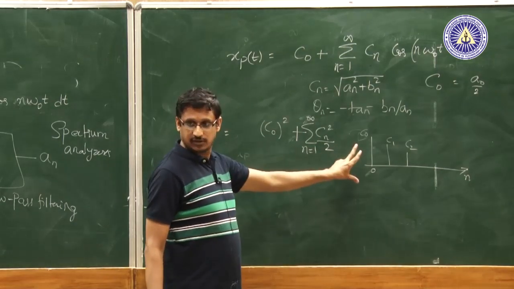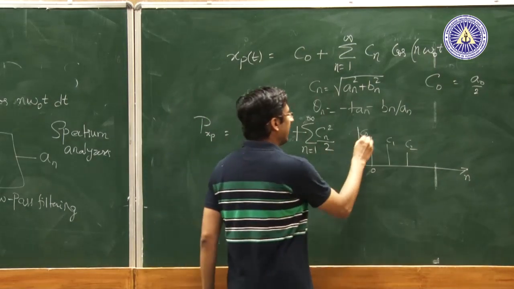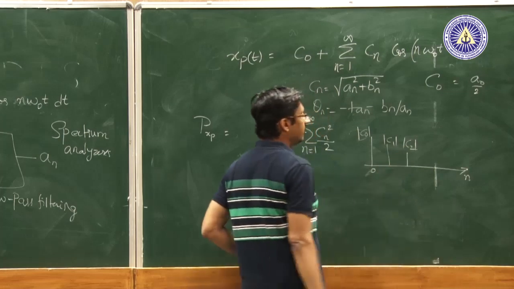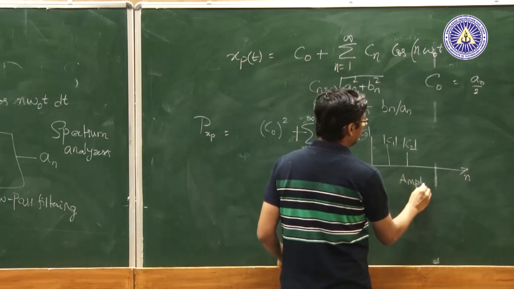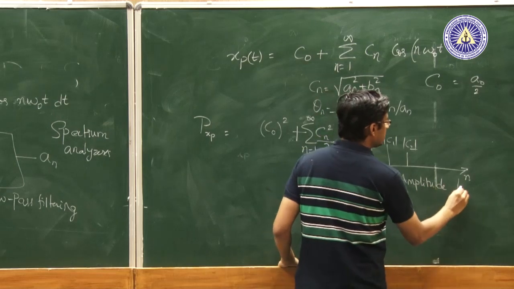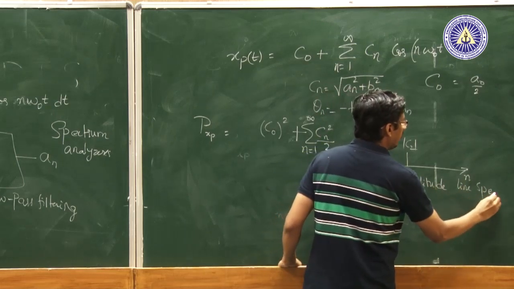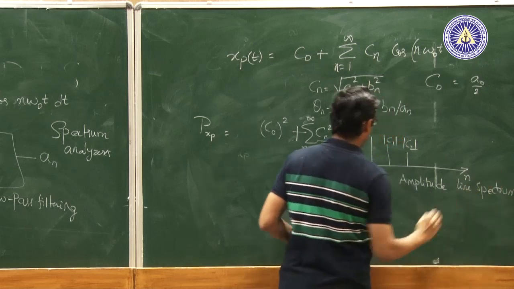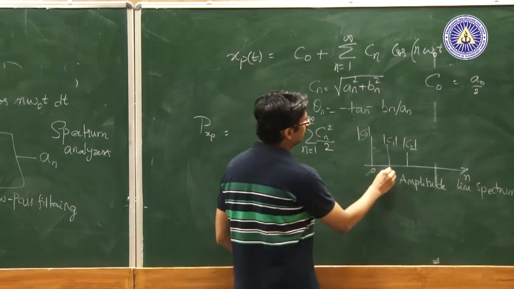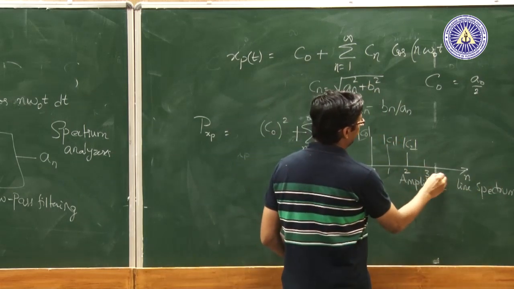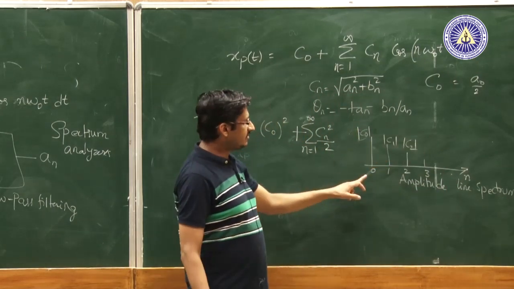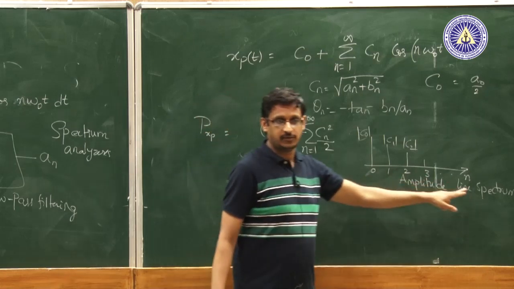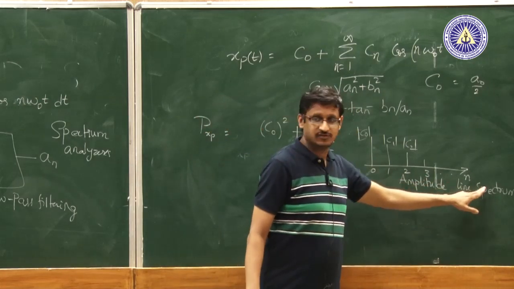And if you plot the magnitudes this way, then this is called the amplitude or magnitude spectrum. Because you have values defined only for n equal to 0, 1, 2, 3 and so on, the corresponding values of C0, C1, C2, C3 and so on, this is called a line spectrum.